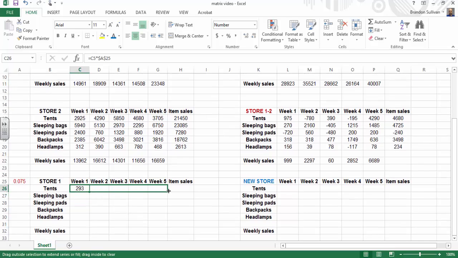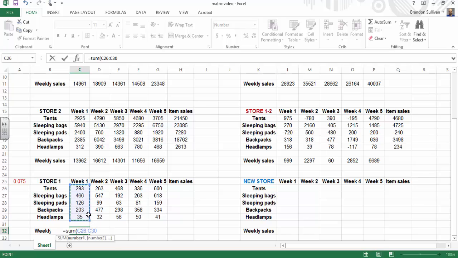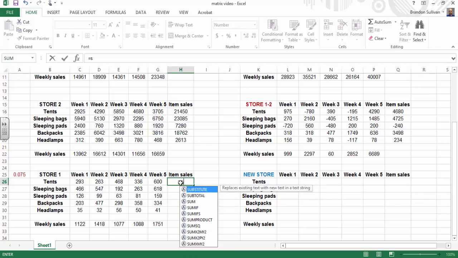So now you can see when I fill in the spreadsheet, it is always referring back to cell A25. Once again, we can sum these for the columns and the rows.